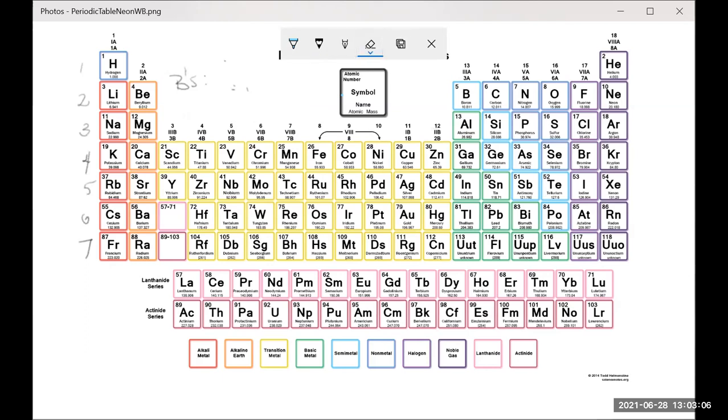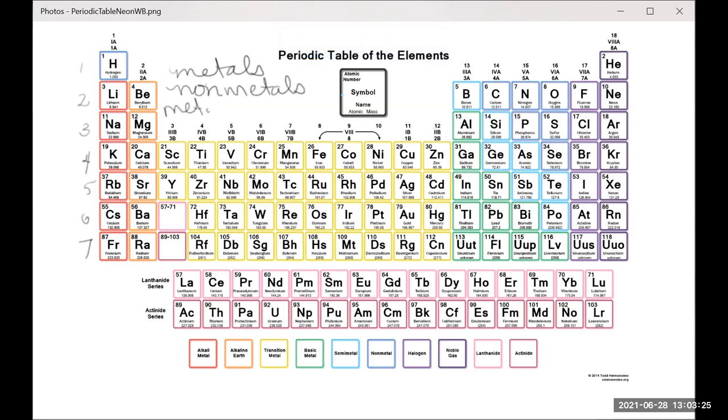What else does the periodic table tell us? So let's go through. We have metals, non-metals, and metalloids, which are also known as semi-metals.